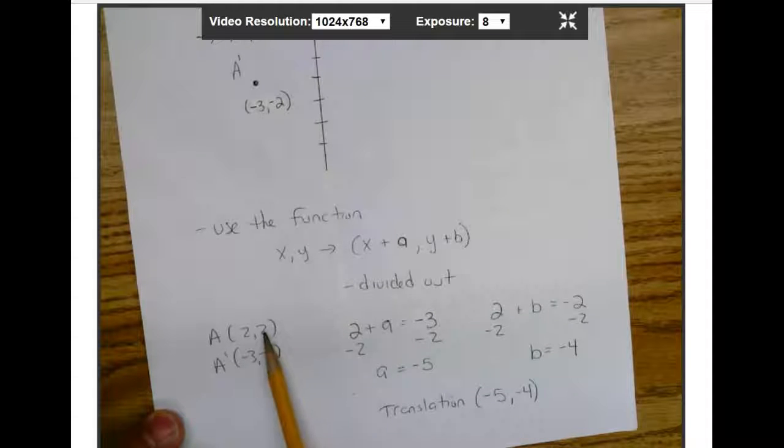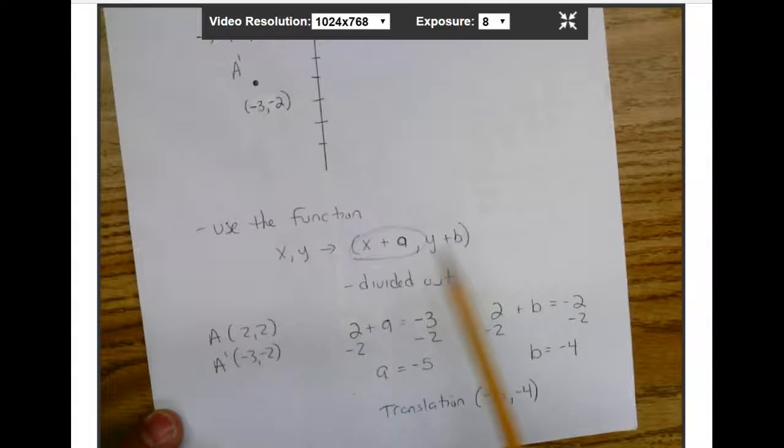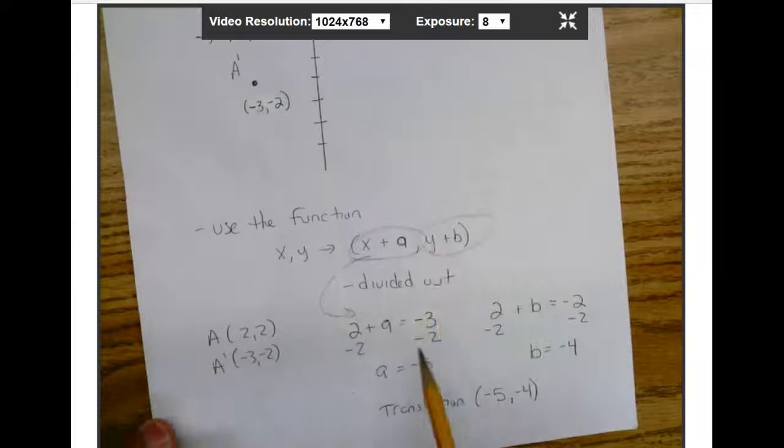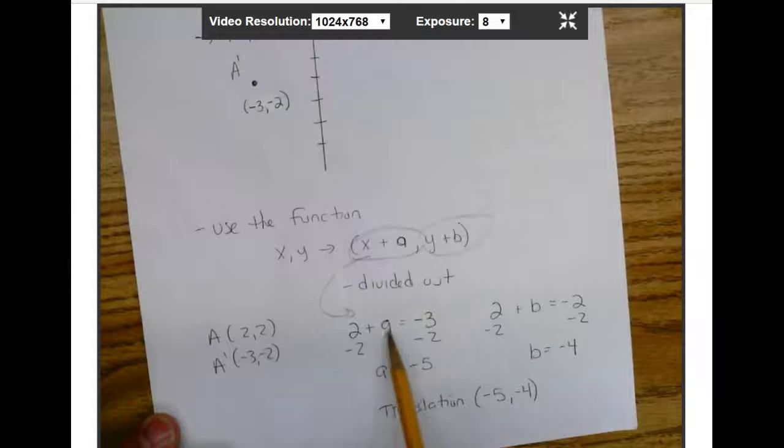That's their new coordinates. We could probably almost eyeball it and see how much it moves, but we'll wait. We can use this idea that this is one part of it and this is another part of it. So if we take this x plus a, how much is that change? We can solve for it.